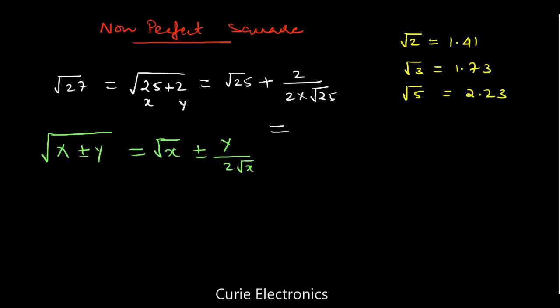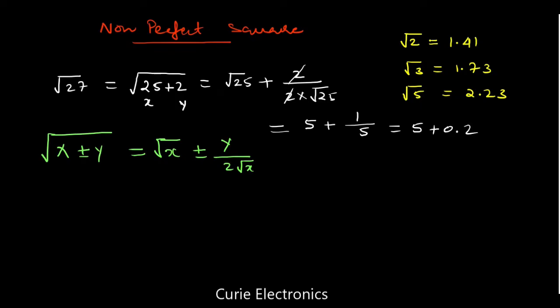Now if we simplify, the square root of 25 equals 5, plus 2 upon 2 times 5, the 2s cancel, so 1 upon 5. What is 1 upon 5? 0.2.